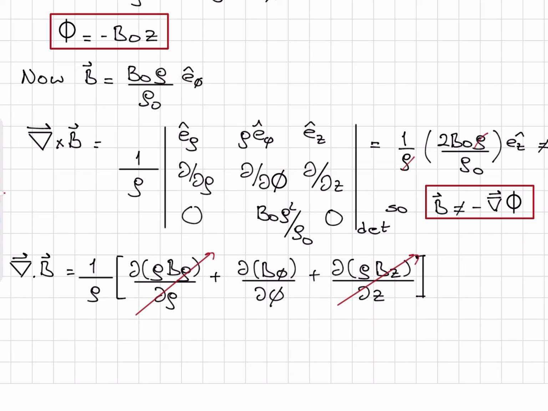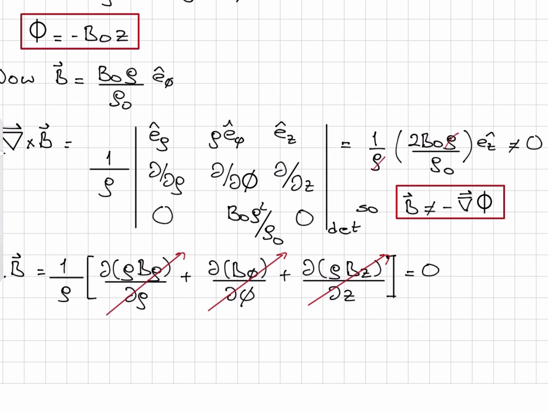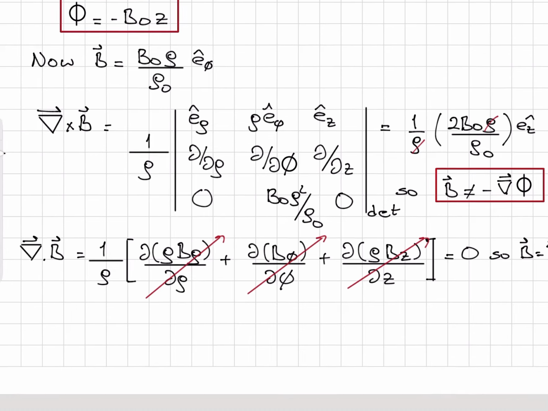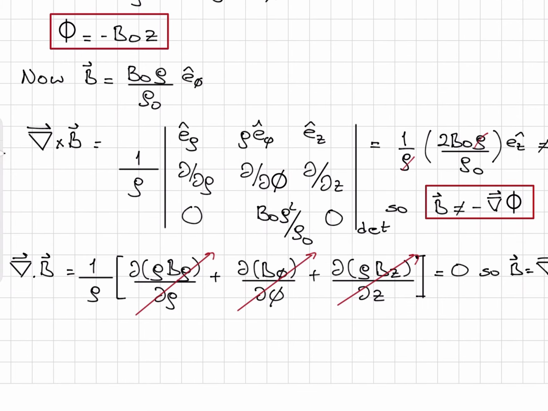Therefore, I'm also going to get a 0 from this one. So the divergence of B is indeed equal to 0. Because the divergence of a curl is equal to 0, B can be written as the curl of a vector potential A, curl of A. And we can find that vector potential.